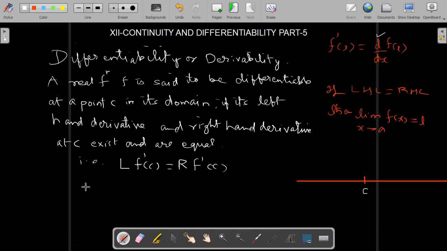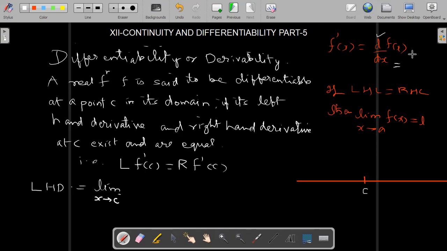In general, the formula for left hand derivative: as you have seen in left hand limit, x tends to c from the negative side, so we give the increment c minus h. But here we are not writing just f(x), because the derivative is geometrically the slope of a tangent.